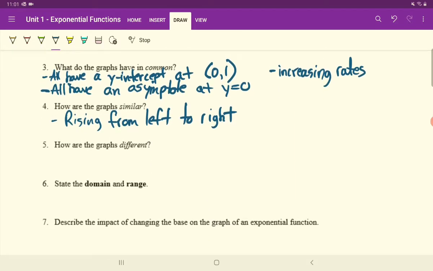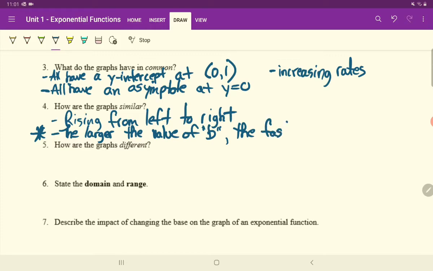So let's make a note now of what we just talked about. The larger the value of b, this is just to make a little note here, the faster the increase occurs.